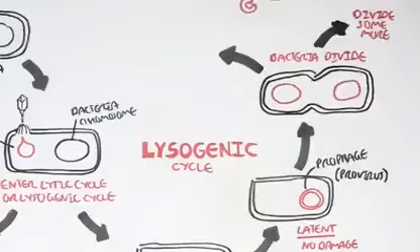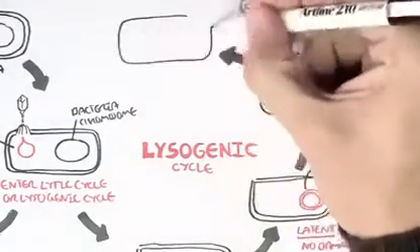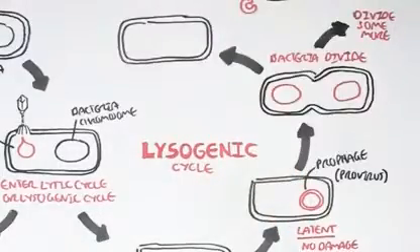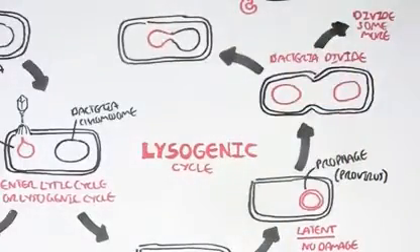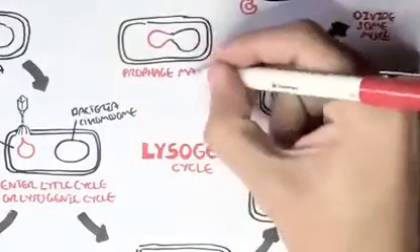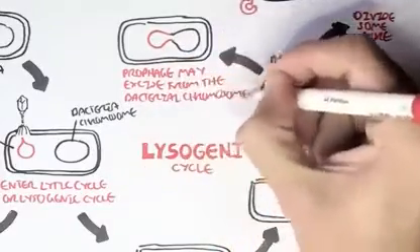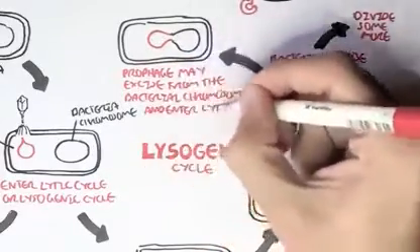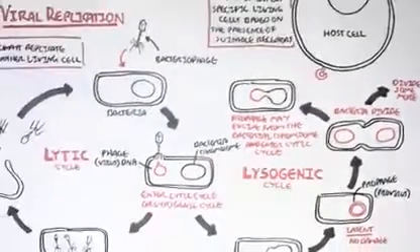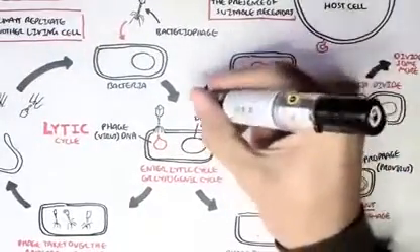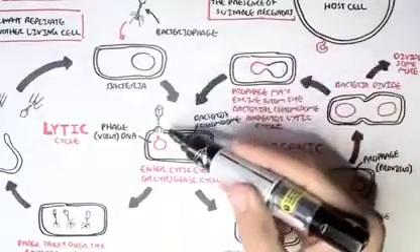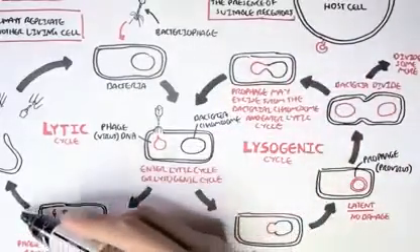This can keep occurring until one day the phage DNA decides to move out of the bacterial chromosome. So the prophage may excise from the bacterial chromosome, and then it can enter the lytic cycle and cause the bacteria to burst. I hope that makes sense.